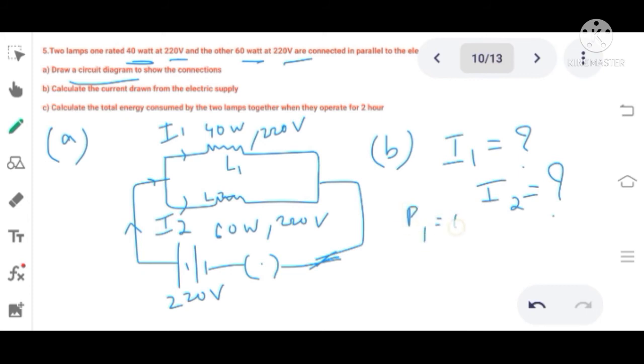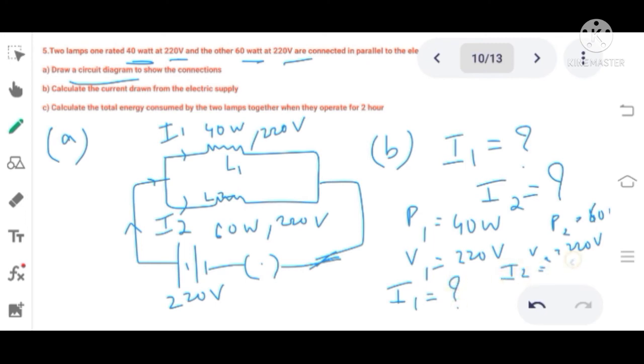For the first lamp, power P1 and voltage are given. Similarly, power and potential difference for the second lamp are given. Which formula connects power, potential difference and current?